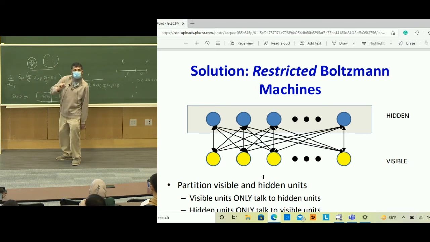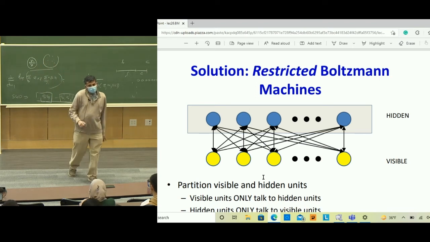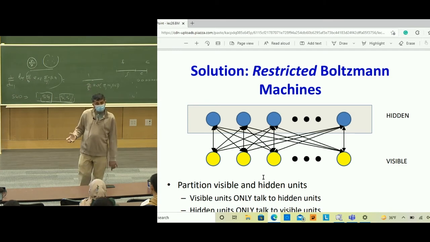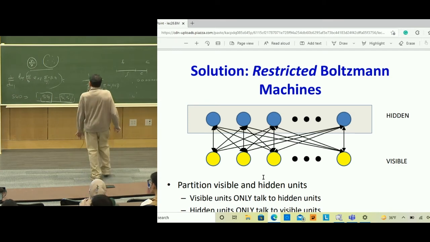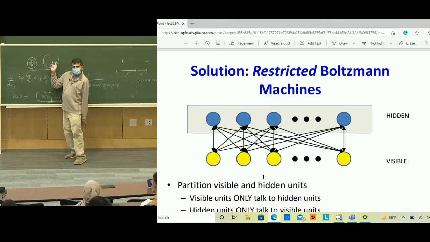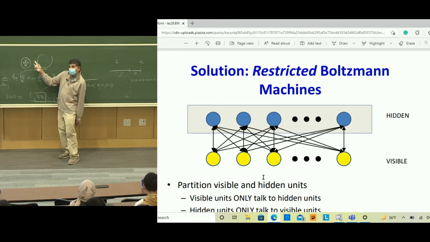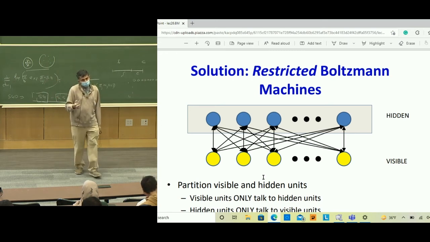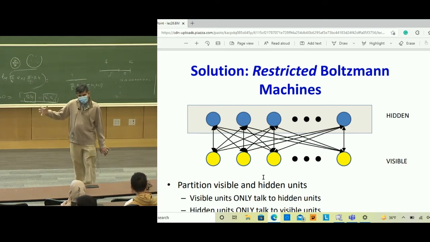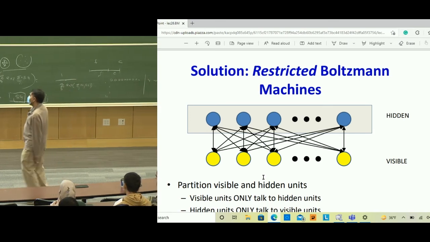The hidden neurons only connect to the visible neurons. Now the number of parameters goes down dramatically, right? If I had 10 bits here and 90 bits here, the original setting had 10,000 weights. Now it's going to be 10 times 90, 900 weights. It's a massive difference, right? So the size of the network shrinks dramatically.